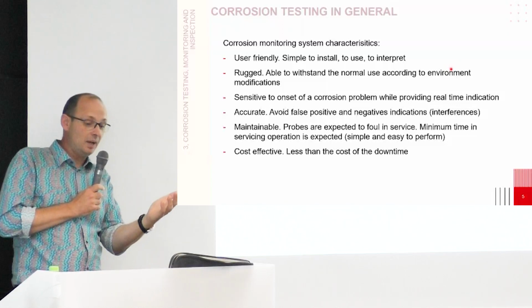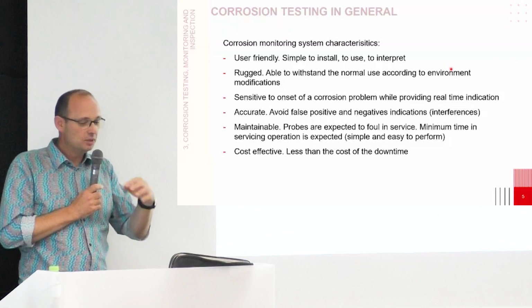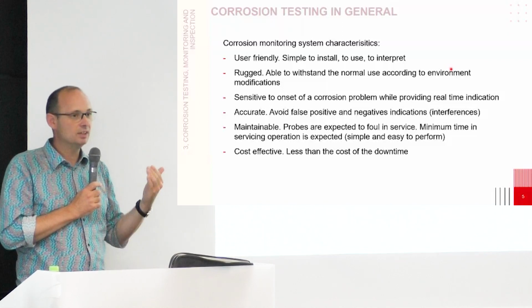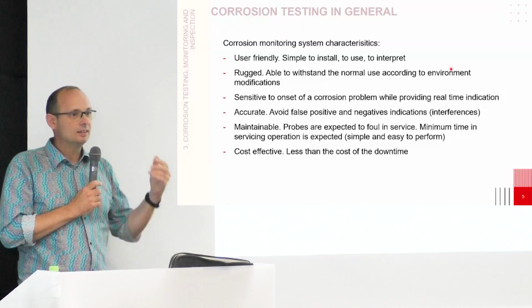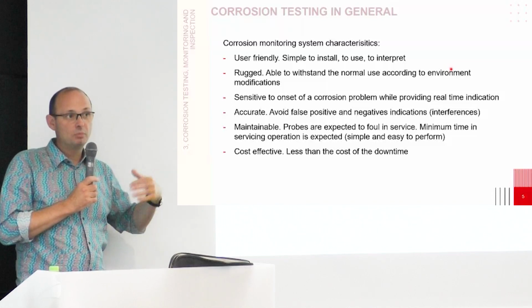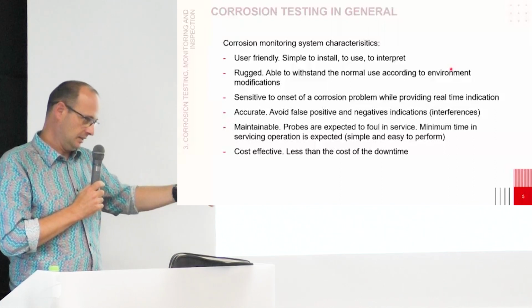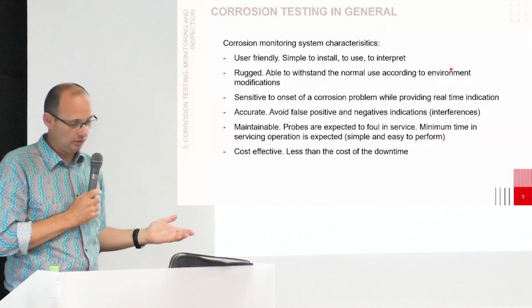It should be accurate, so we would like to avoid false positive or negative indications. And that's important when we are applying this method later to have inputs in the risk-based inspection and management.